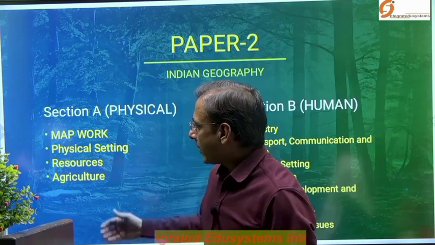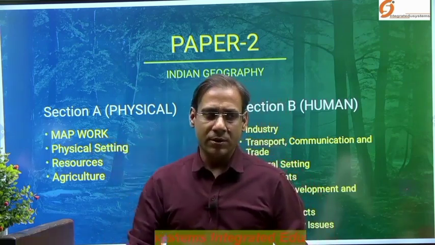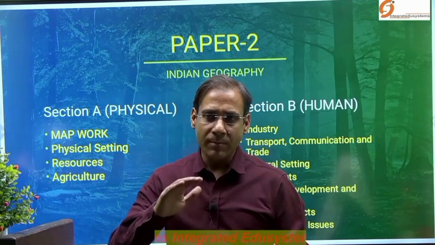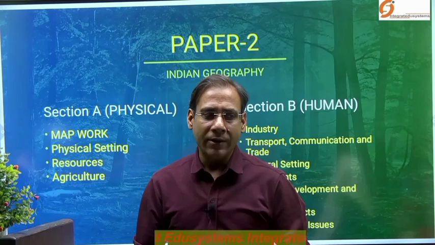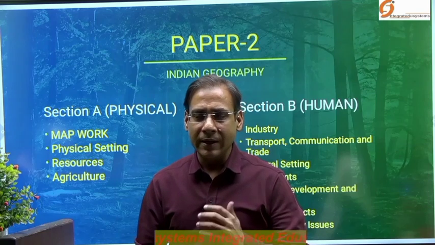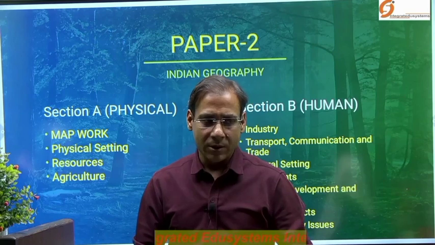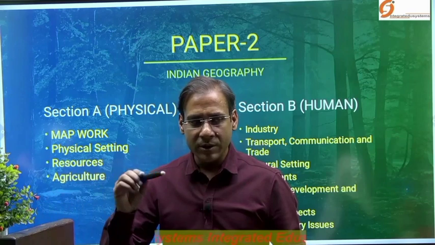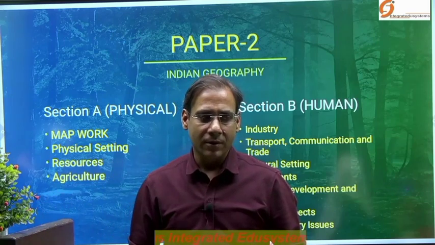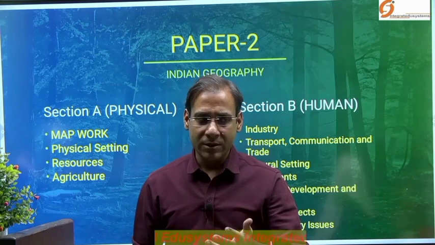Then in section A, once you look at the mains questions, the first question is the map based question. UPSC asks 10 entries of 2 marks, so UPSC awards you 20 marks if your entries are correct. They will provide you a map and entries.